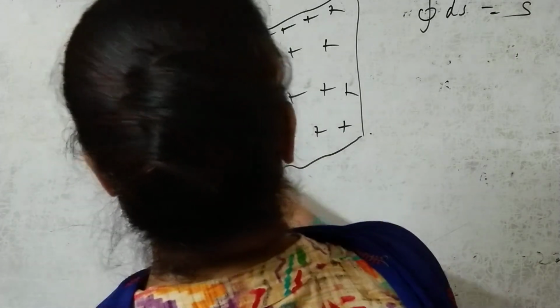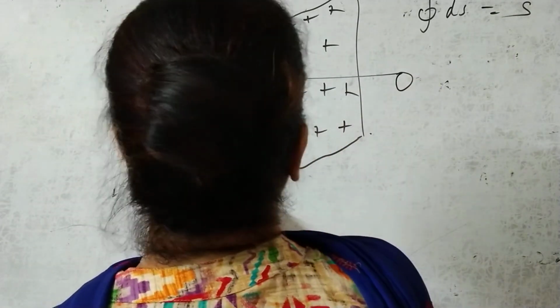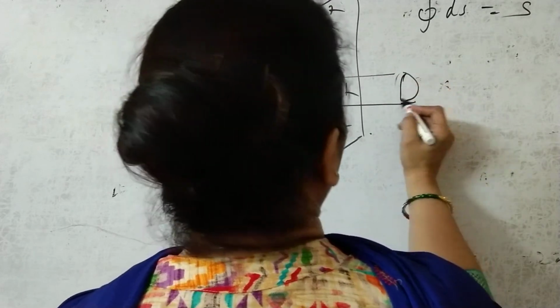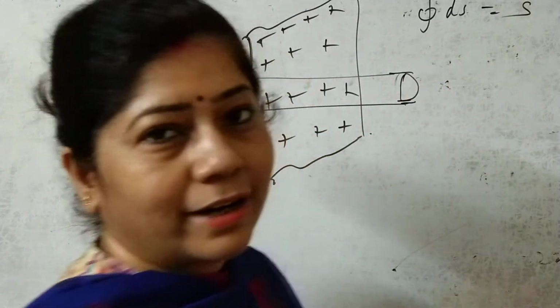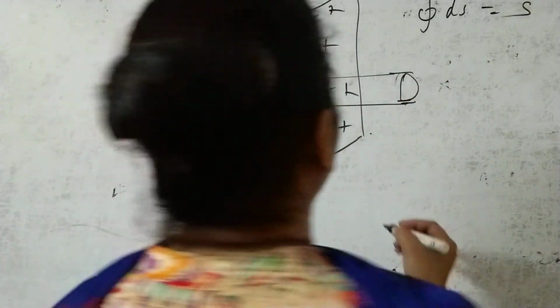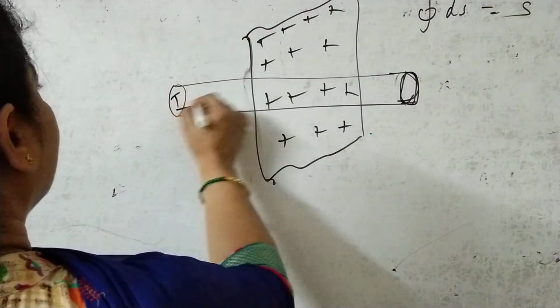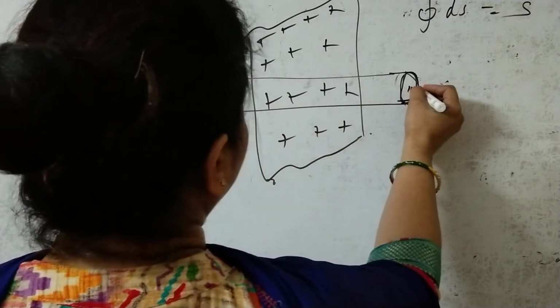Here we are going to take a pillbox, which means a cylinder lying on its side, not standing. This is the end surface of the cylinder. This is the first region, this is the second region, and this is the third region.